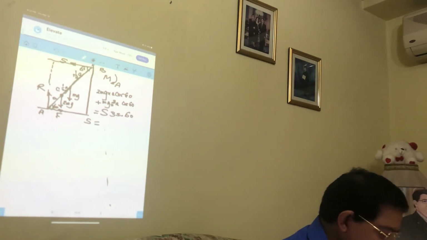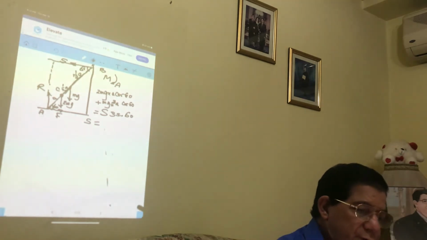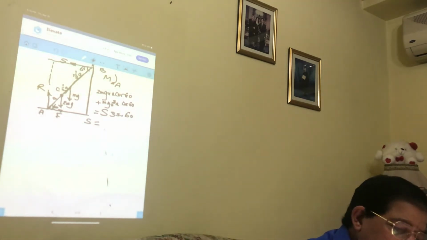Let us calculate it. In actual fact, cosine 60 is half.